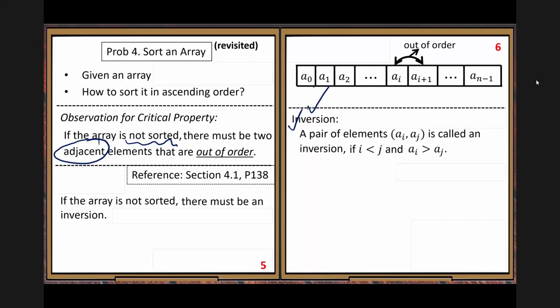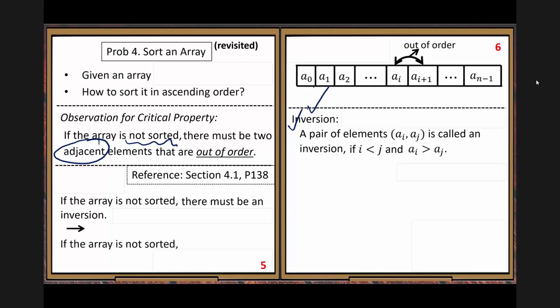The first version didn't say adjacent pairs: there must be an inversion, and the pair for this inversion may not be an adjacent pair. There must be at least one inversion. Otherwise, if there is no inversion, the array is already sorted.